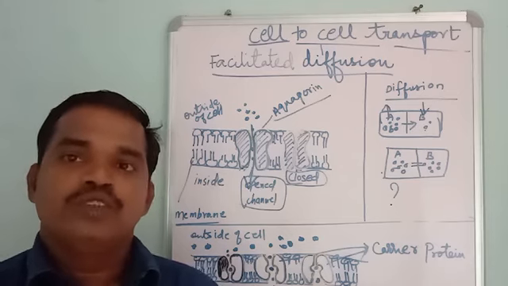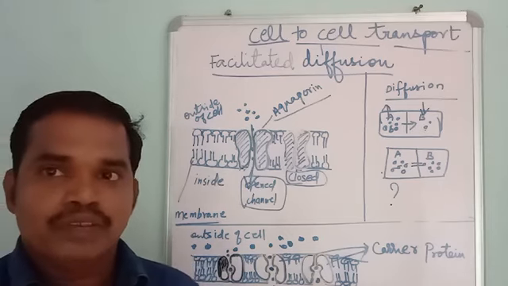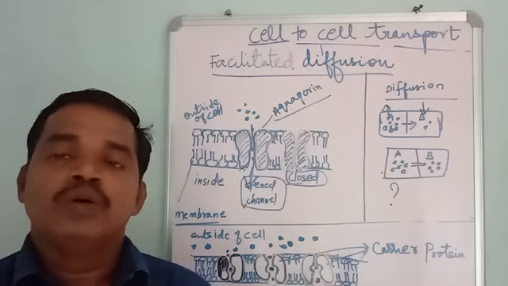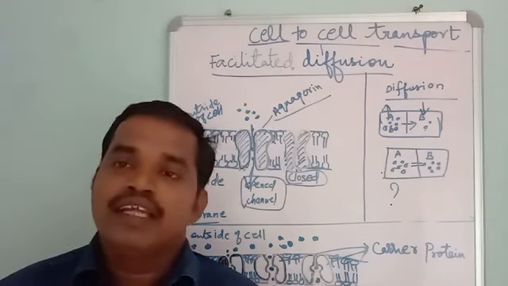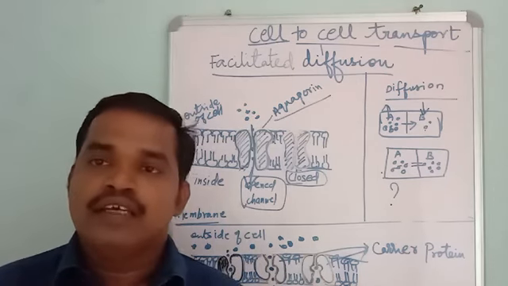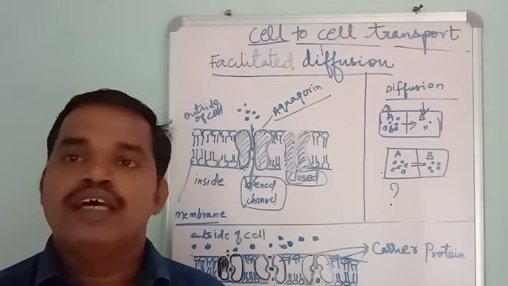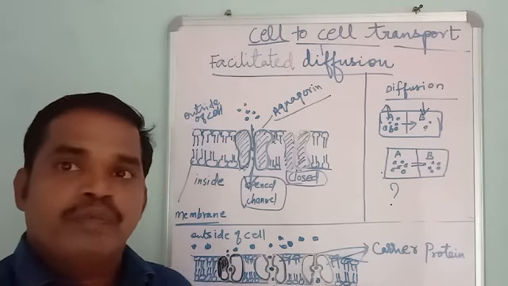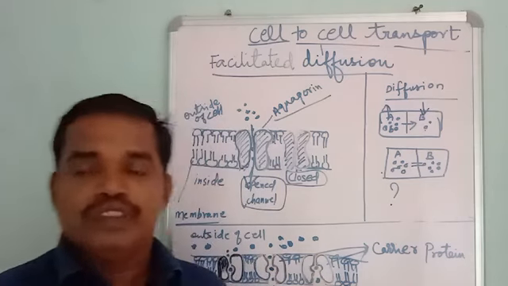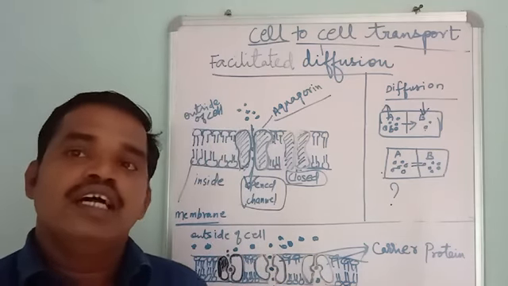In active transport, for example, the sodium and potassium pump. In passive transport, energy is not utilized, while in active transport, energy is used to do the activities. Which ones come under passive transport? Diffusion. Let's discuss diffusion.